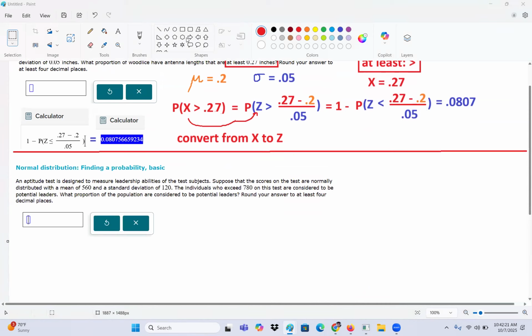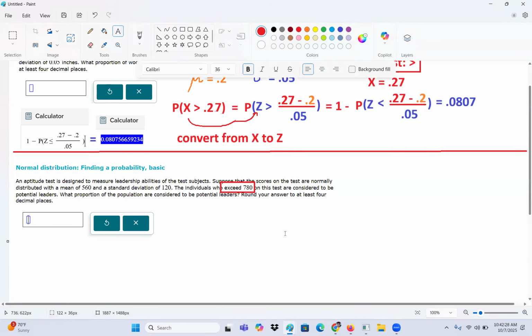All right, the same thing for that. Exceed means you're going to convert to z greater than, right? You're going to take 780 minus the mean, which was 560, so in this case greater than four.